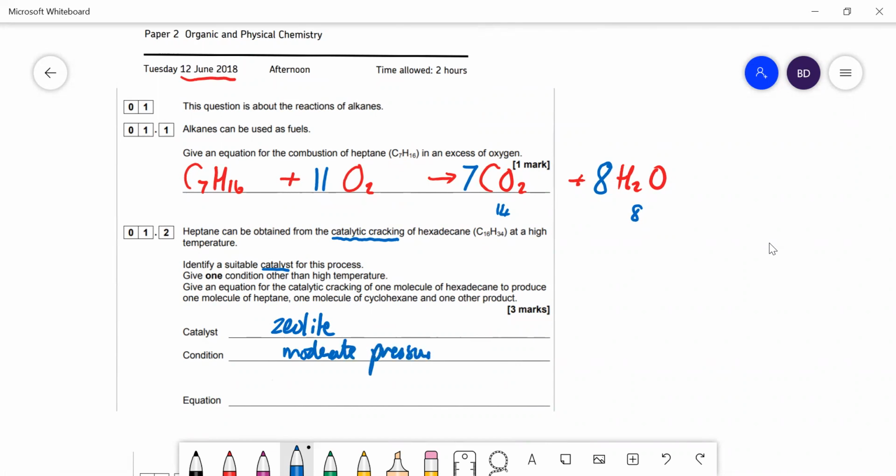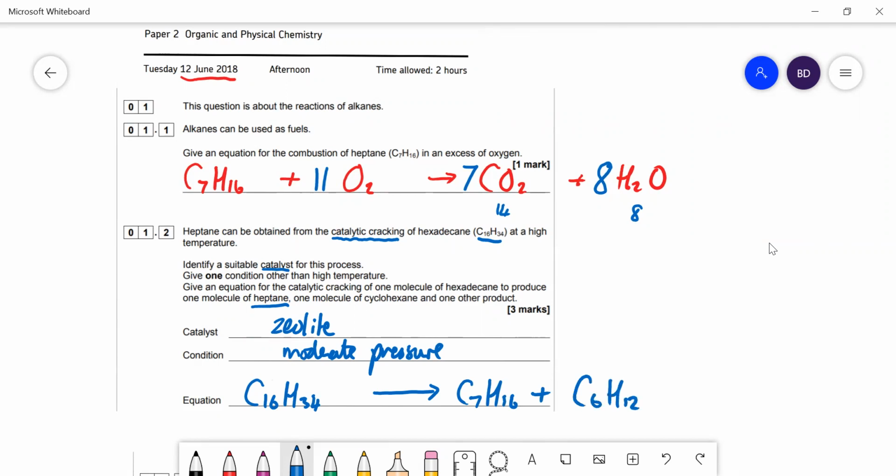And now we want an equation. So for the cracking, we start off with C16H34, and we're going to break that into the smaller molecules of heptane, so that's C7H16, and a cyclohexane, that's C6H12.